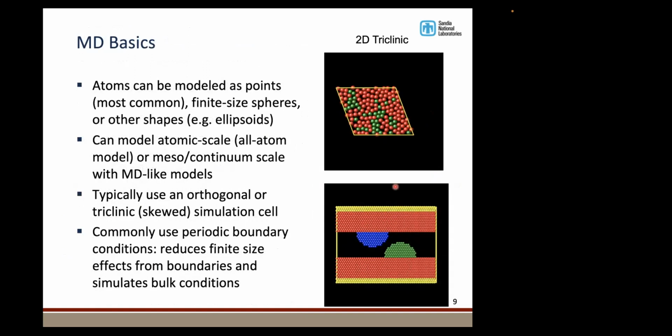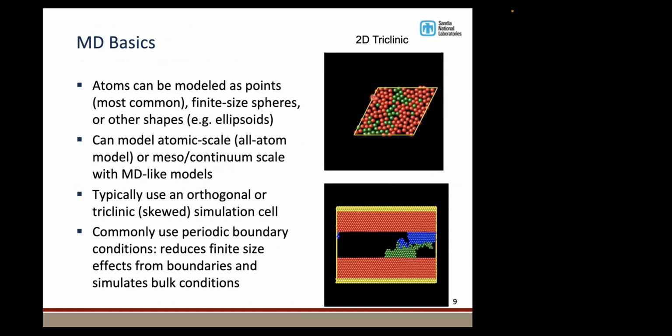Okay, so how do we actually model atoms in molecular dynamics? Well, here are some basics. So often the atoms are modeled as points, like finite size spheres. You can also use other shapes such as ellipsoids. You can model all the atoms, or you could do a coarse grain model, or even a meso or continuum scale model, like peridynamics with MD.